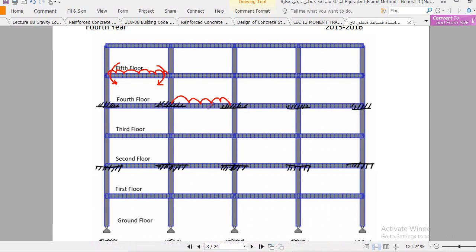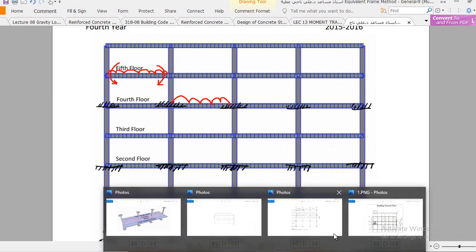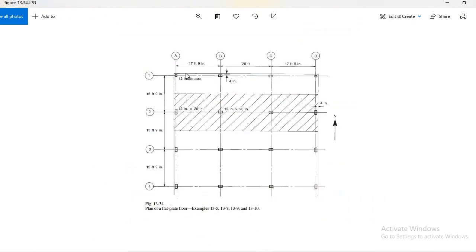Similarly, making any kind of changes in the grids of the system, like you see here in this diagram. In this diagram this is roughly 18 feet, this is 20 feet. Although the spans are unequal, it will cause some unbalanced moment, but it will be insignificant because the difference is small.